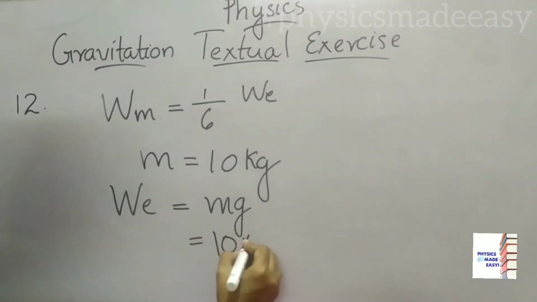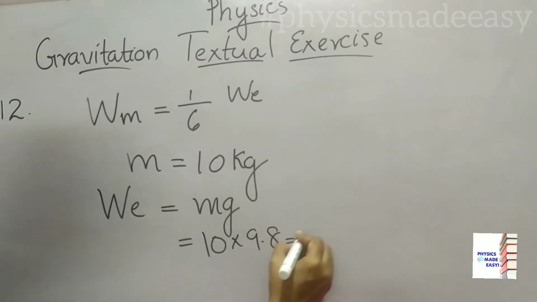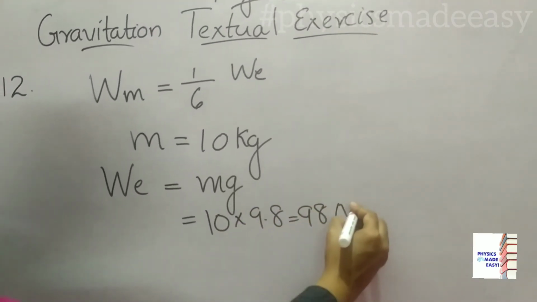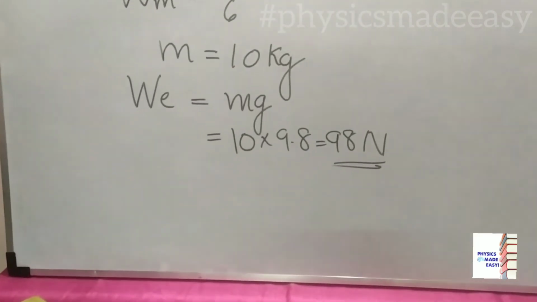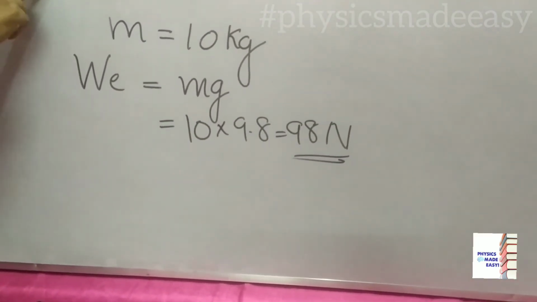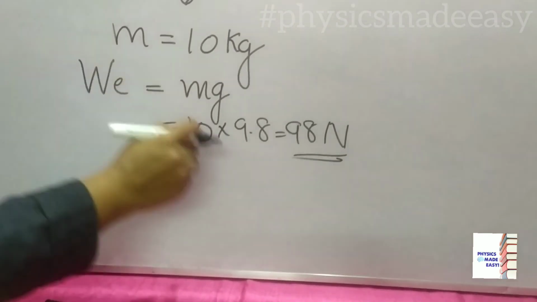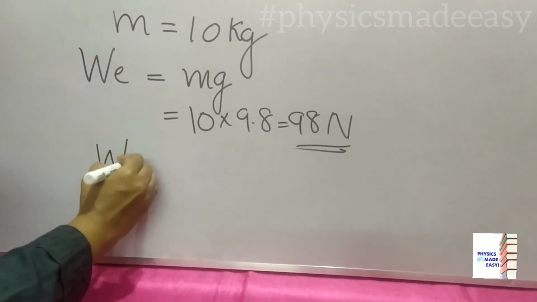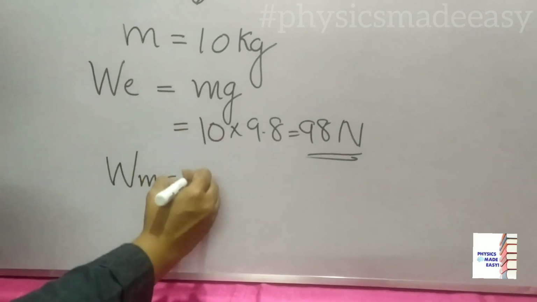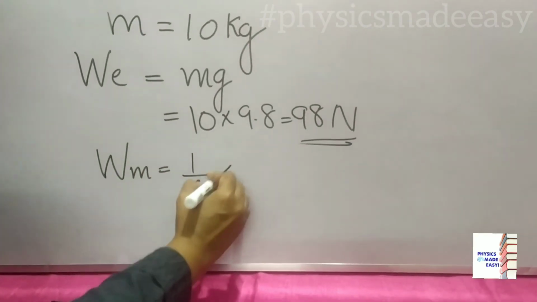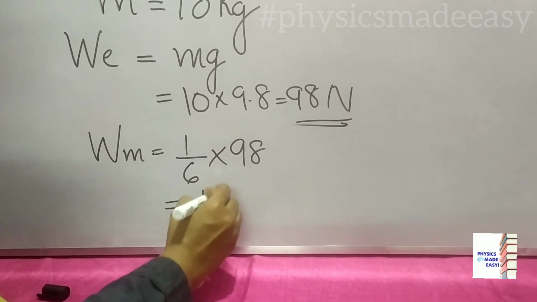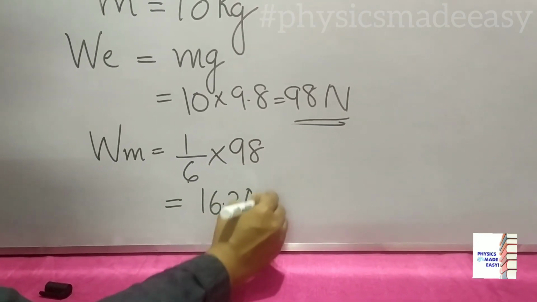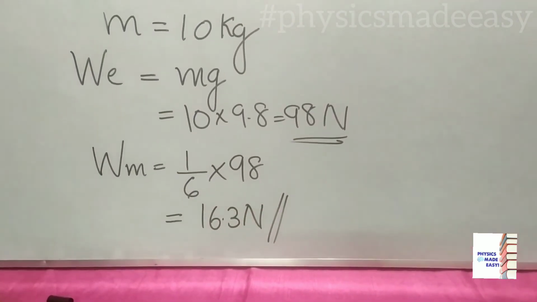So 10 into 9.8 is equal to 98 Newton. That is the weight of that object on the earth. Now we have this relation that is given in this question also. So we can find the weight of that object on moon, that is 1 by 6 into 98. What is the answer? You will get 16.3 Newton. That is the weight of that object on moon.